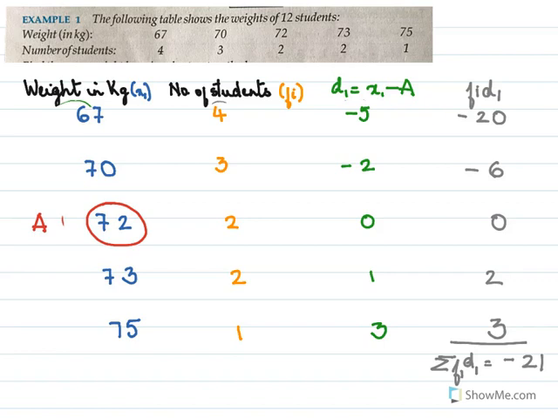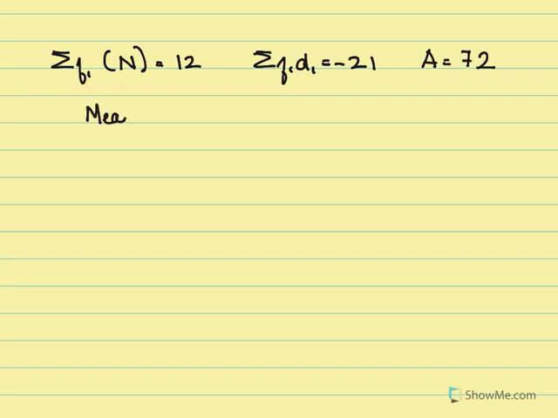You need to also add up the frequencies, this sigma fi, which is in this case 12. So here we have sigma fi, which is n, the number of observations, 12. We have sigma fi di we got as minus 21, and our assumed mean, if you remember, was 72. The formula for mean is assumed mean A plus summation fi di over n.